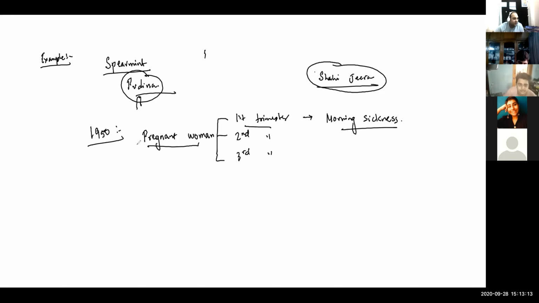I don't exactly know where they found it, but in order to relieve these symptoms, they found a drug called thalidomide.